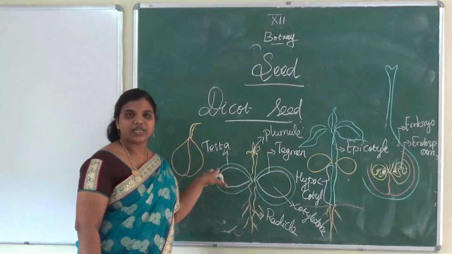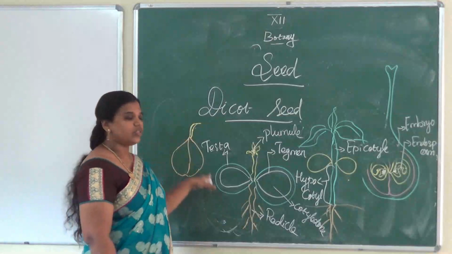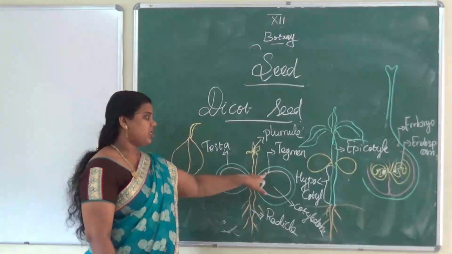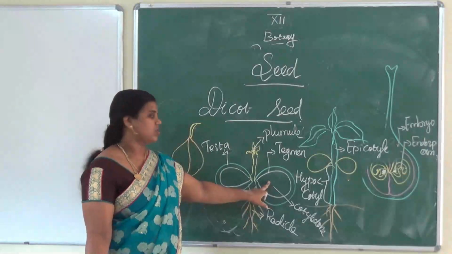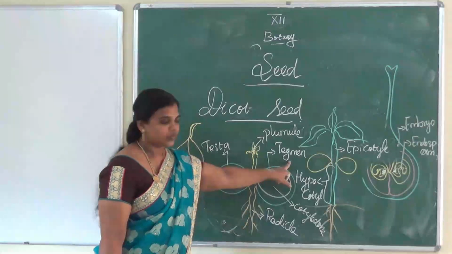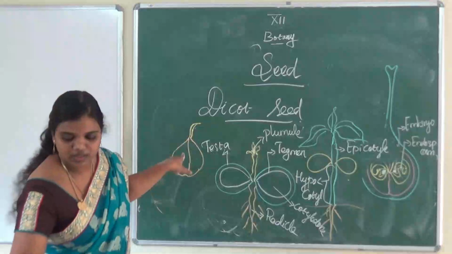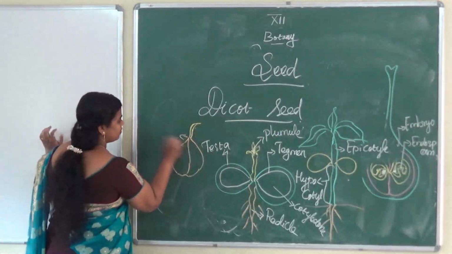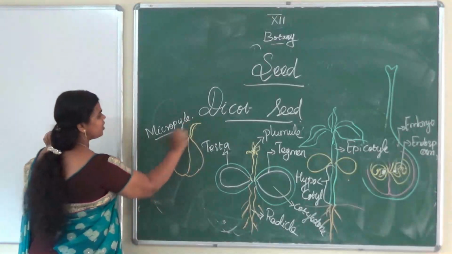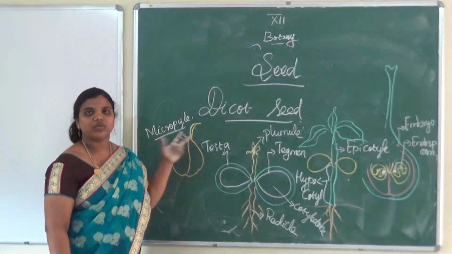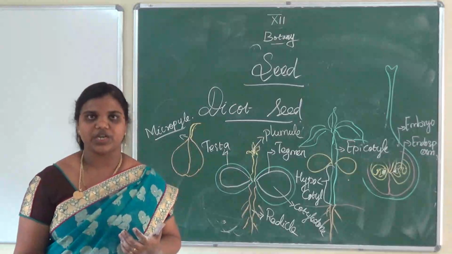In the dicot seed, the outer thick coat, formed from the outer integument, is known as testa, and the inner seed coat is very thin, produced from the inner integument, known as tegmen. The seed has a small micropyle, which facilitates the uptake of oxygen and water at seed germination time.